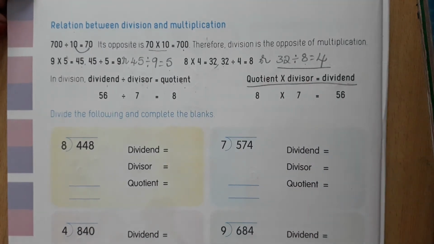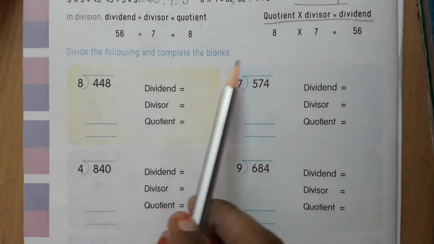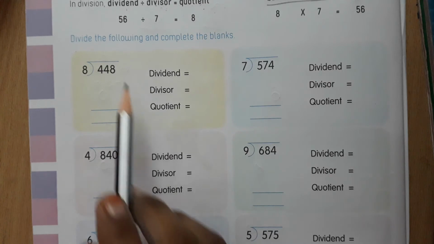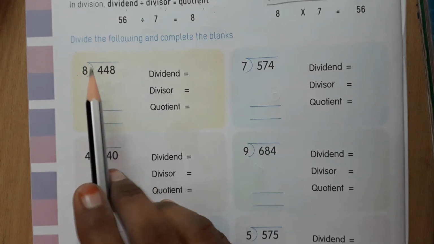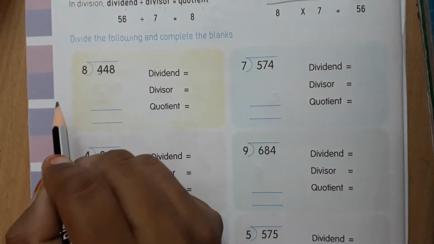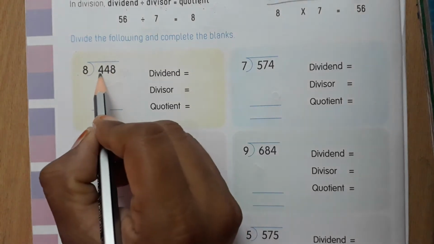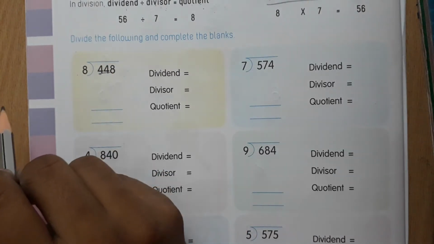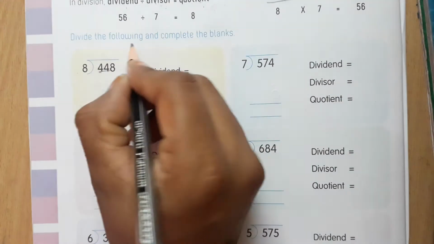Okay, look at some examples here, children. Divide the following and complete the blanks. 448 divided by 8. Now take a single digit on the left side. 4. 4 divided by 8, is it possible? No. So take 2 digits. 44. 44 in 8 table. 44 is not there in the 8 table.